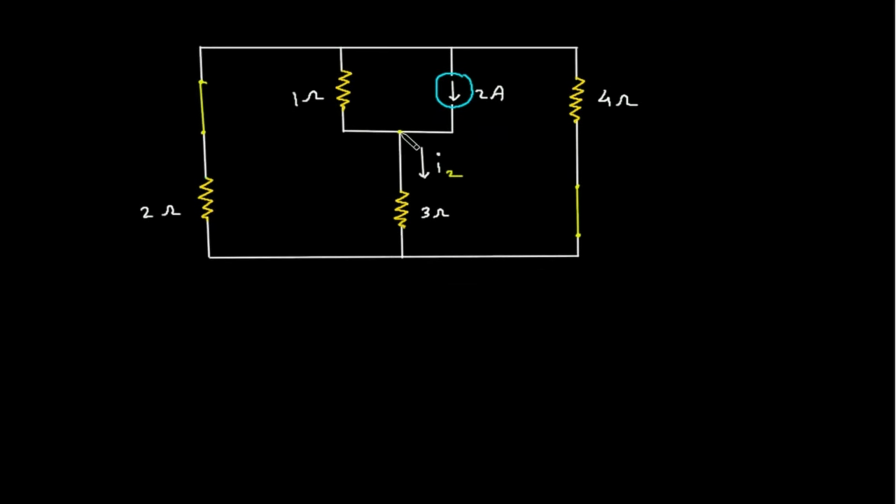So let's say this is node. Or we can find using current division rule, as we can see that this 2 ohm is parallel with this 4 ohm.